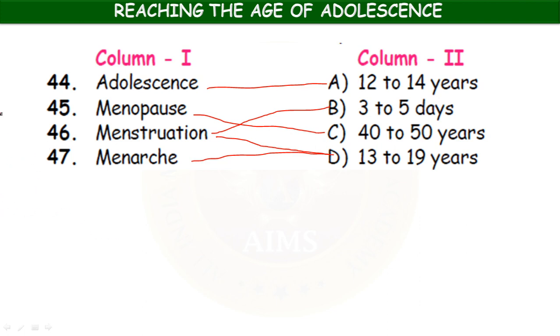Here actually adolescence is between 13 to 19 years.